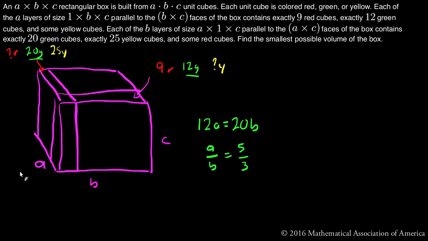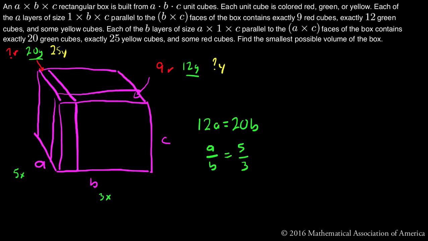So that means that A, I can have something like 5x, B, I can have something like 3x. It could be 5 and 3, it could be 10 and 6, it could be 15 and 9. I don't know just yet. And then I thought, okay, well, if this is the case, I need to have some type of similarity here.